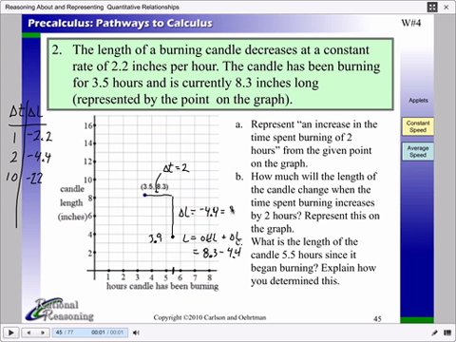And we can represent that change in L of 4.4 as negative 2.2 times the change in time, because constant rate of change means the changes are proportional. So changes in L in this problem are always negative 2.2 times the change in time.